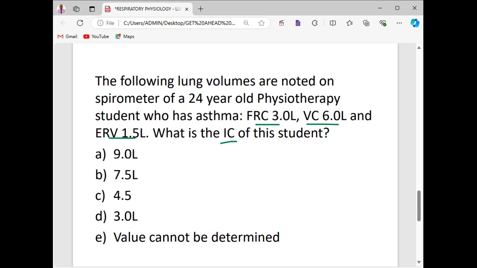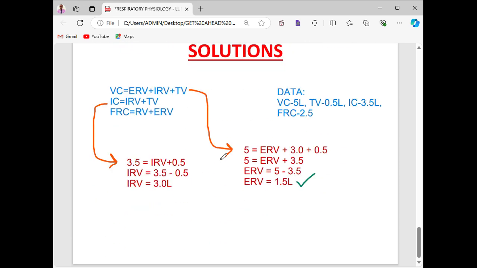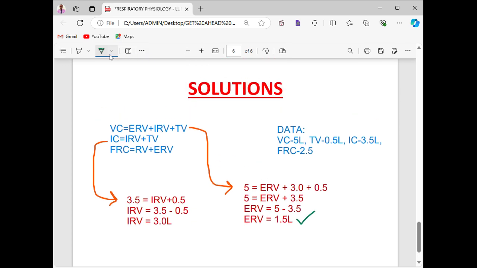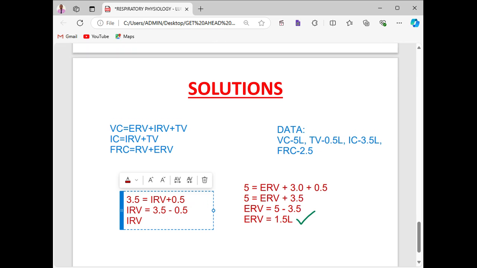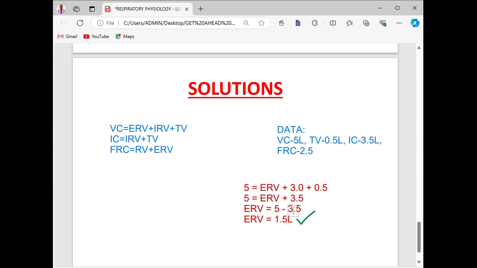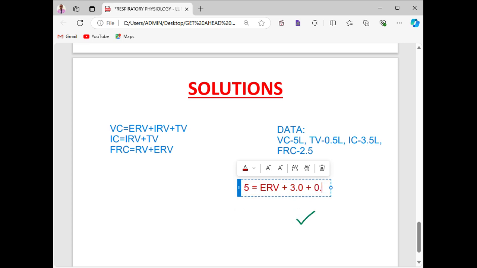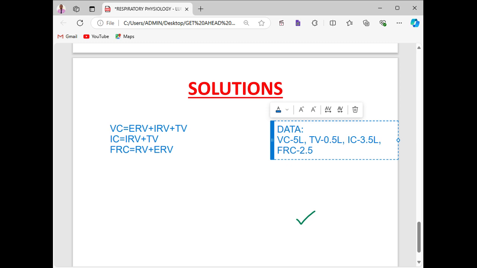We'll just use the same route. Looking at the data that we've been given, FRC is 3.0 liters, and VC, this time around, is 6 liters.